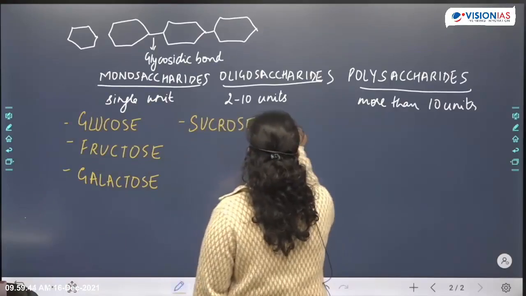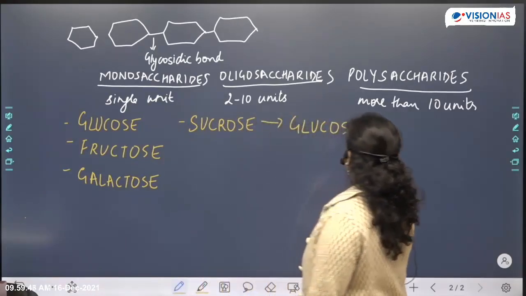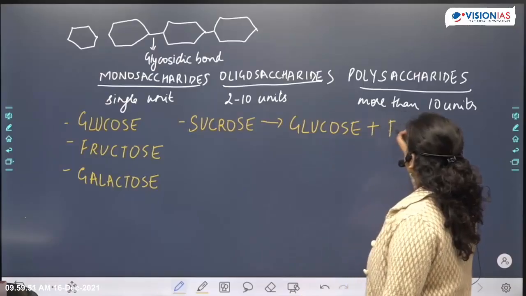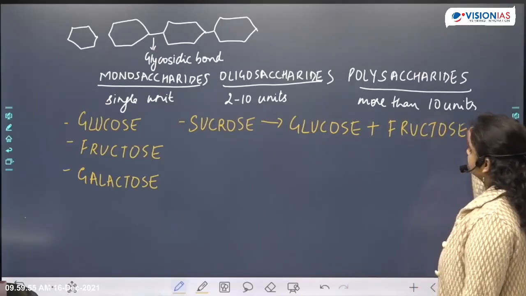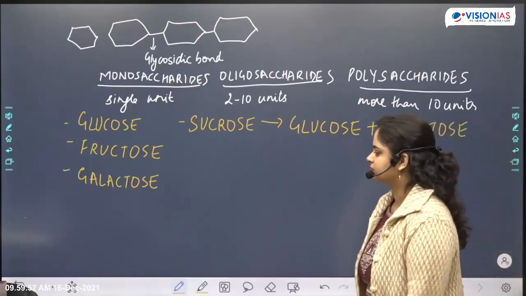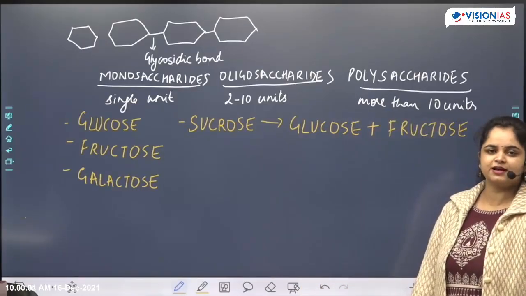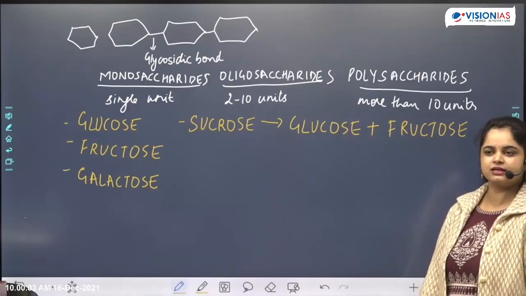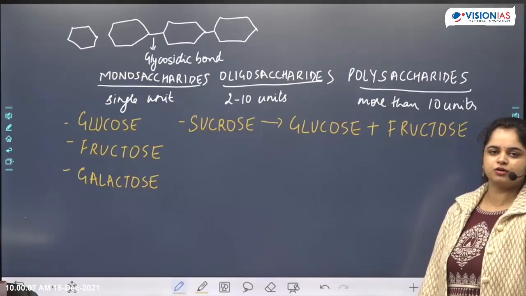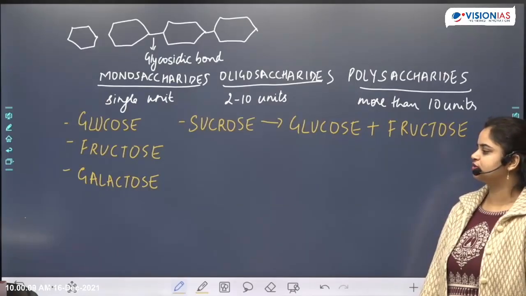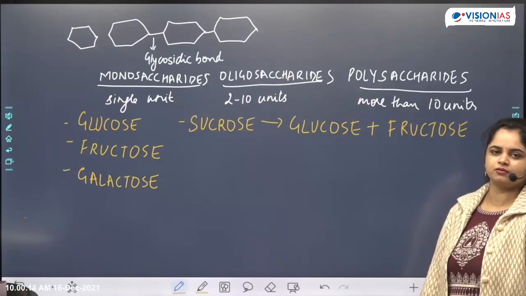It is made up of glucose and fructose. Sucrose is made up of two monosaccharides joined together. Glucose and fructose together form sucrose, which is our common table sugar.